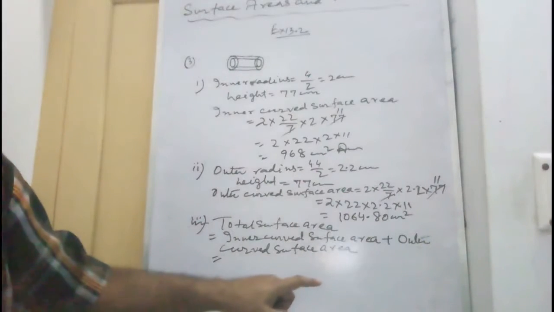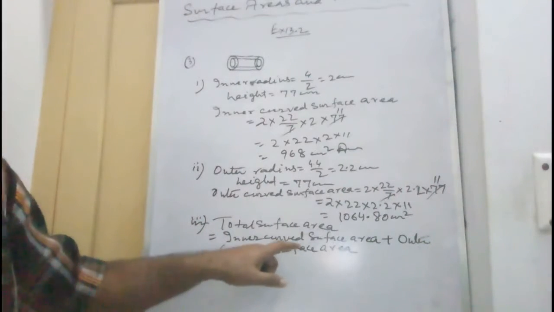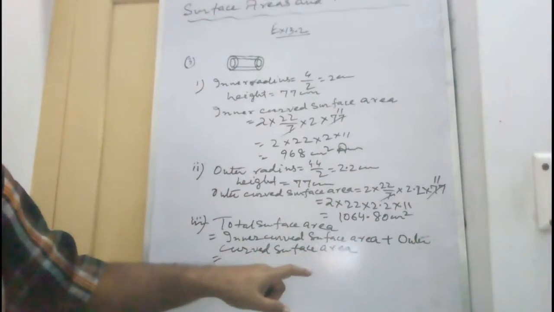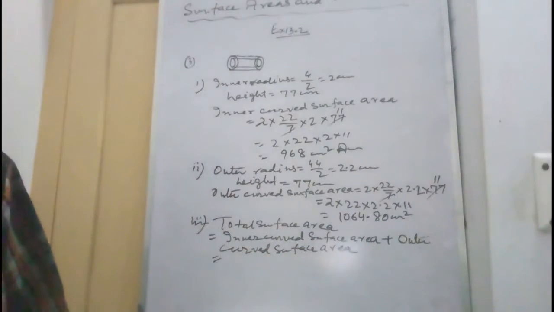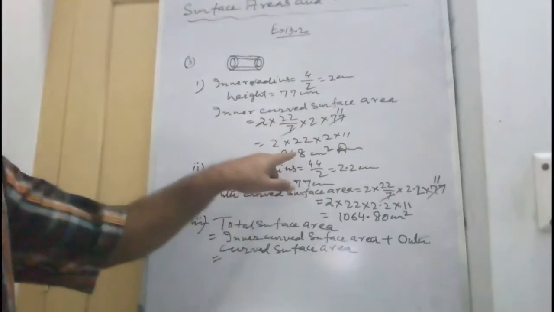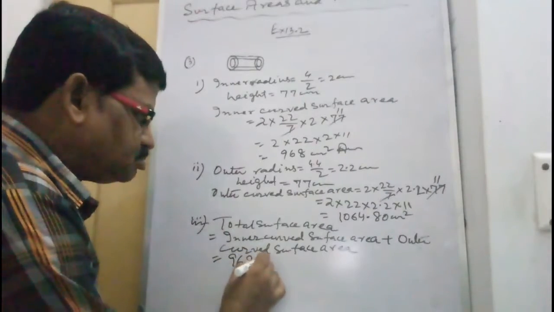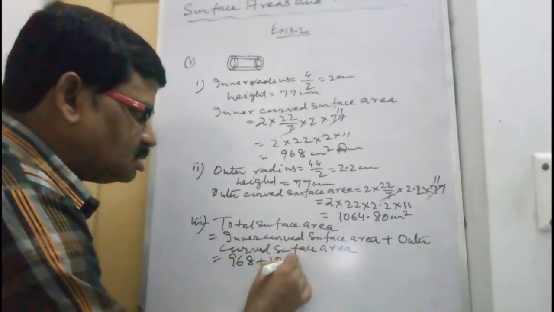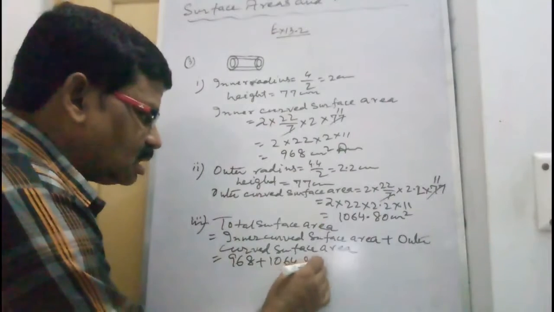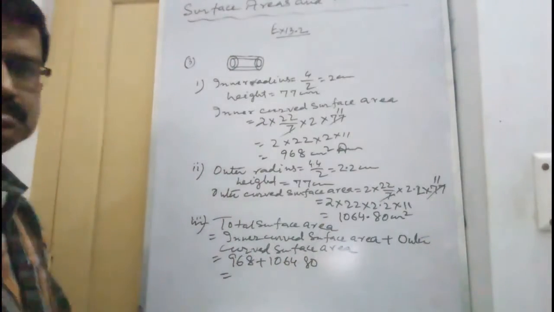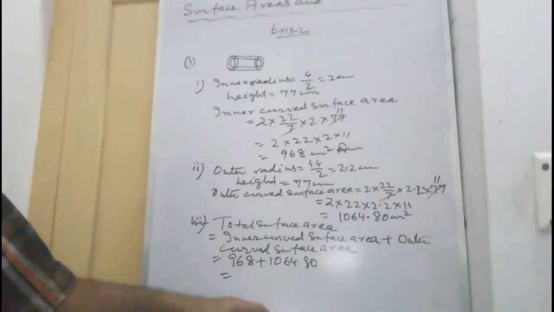The sum of these two: inner curved surface area plus outer curved surface area. 968 plus 1064.80. Now add these two.